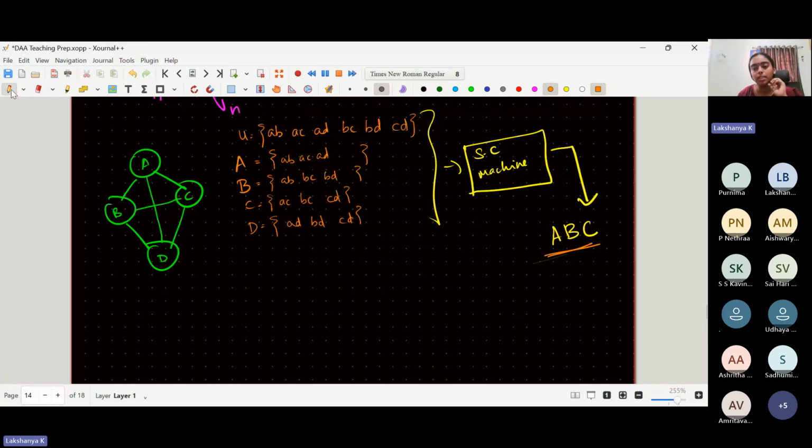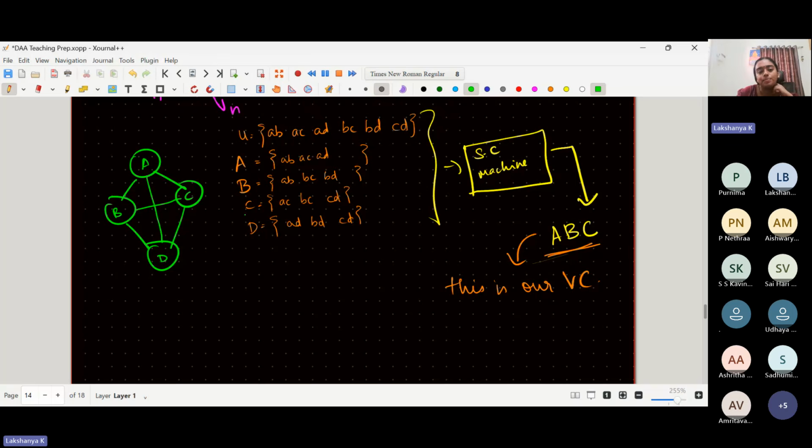So now what I'm saying is this ABC is our vertex cover. And what is my reasoning behind that? What was my universe? All my edges. What are my subsets? Every subset corresponds to one vertex, and it contains all the edges which are incident on that vertex.